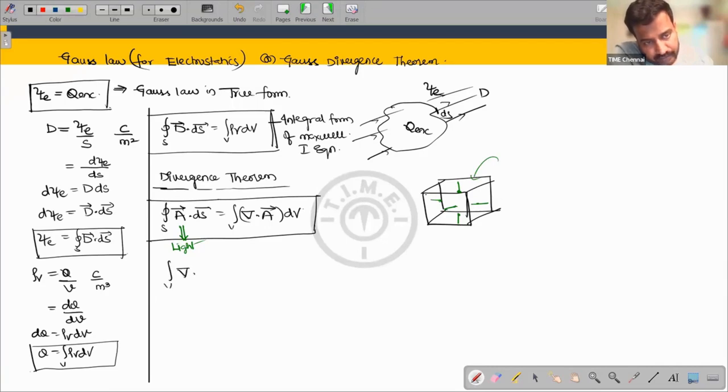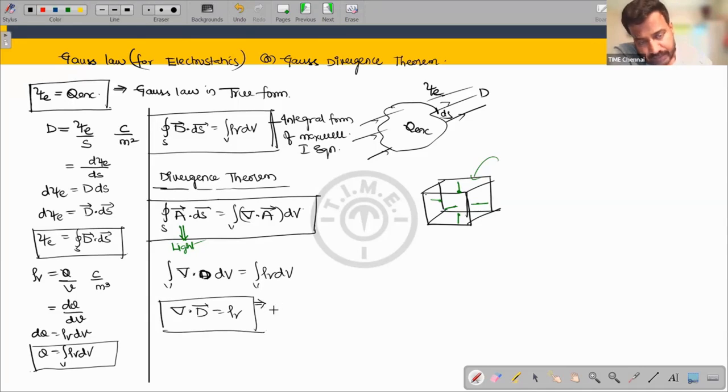So applying the divergence theorem onto LHS, volume integral del dot D dV is volume integral of rho V dV, implies del dot D is equal to rho V. Divergence of electric flux density is equal to volume charge density.